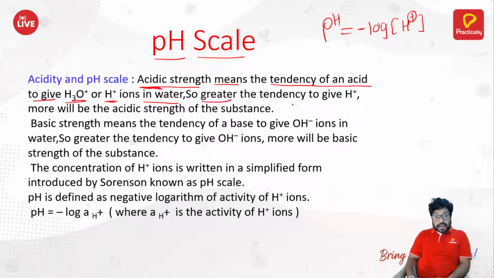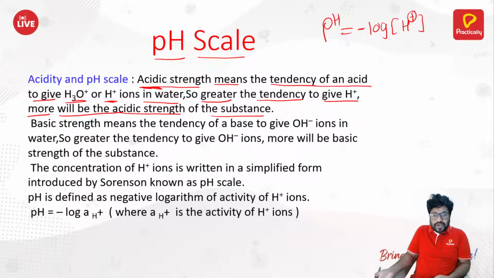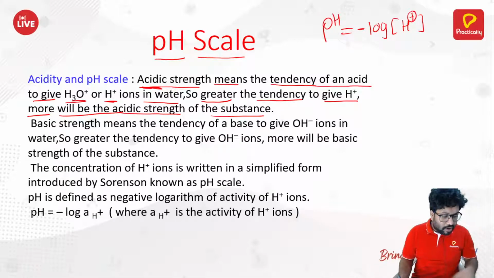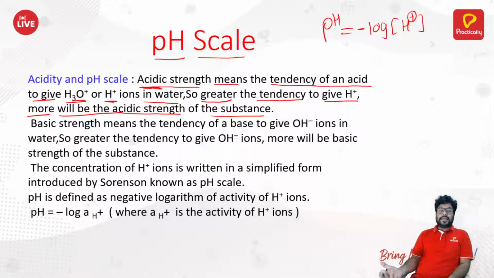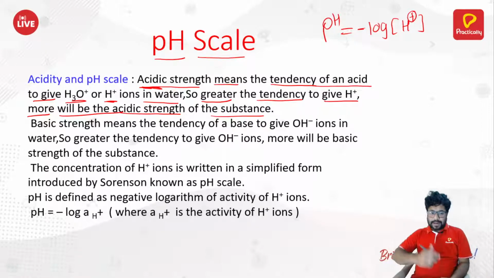The greater the tendency to give H plus ions, the more will be the acidic strength of the substance. Now that's obvious, right? The more easily it gives H plus ions, the more will be its acidic strength. Similarly, what about bases?